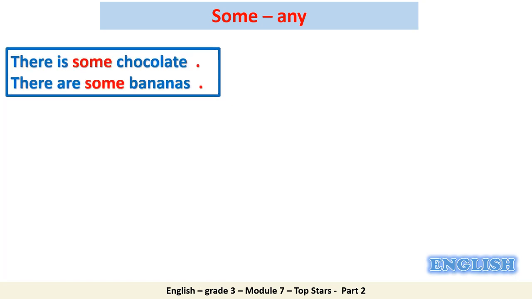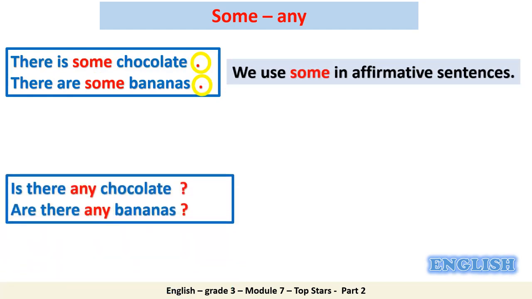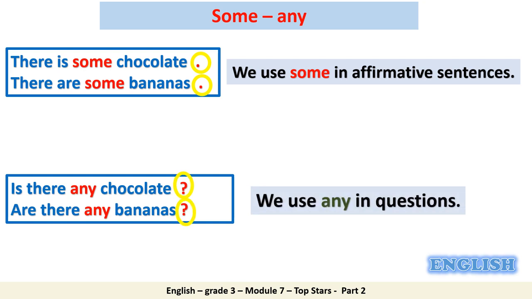There is some chocolate. There are some bananas. These two sentences are affirmative, so we use some in affirmative sentences. Is there any chocolate? Are there any bananas? These are two questions. We use any in questions.